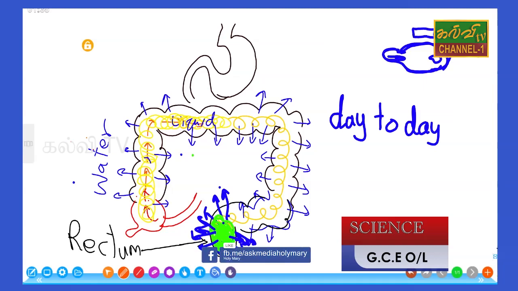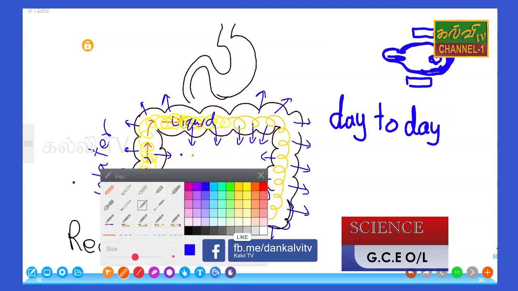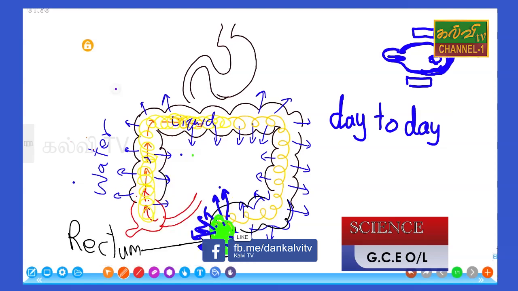We have to go to the washroom. Why? If we miss going for defecation, the remaining part of the food will stay in the rectum. In day to day life it has to be removed.